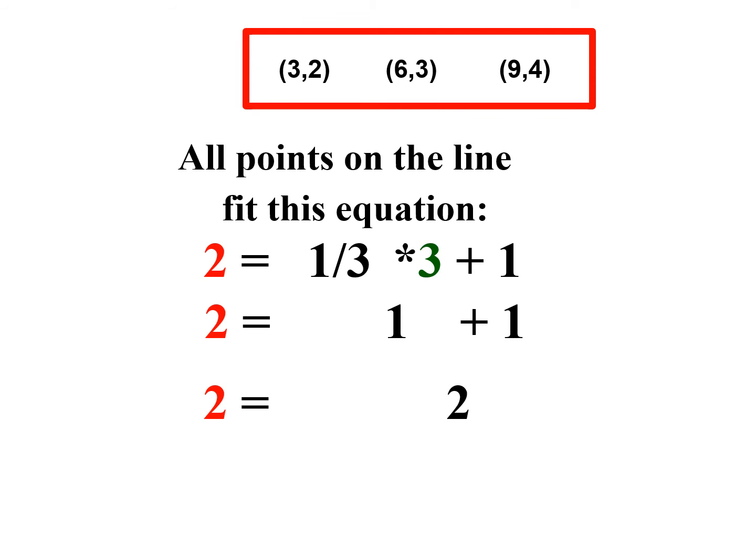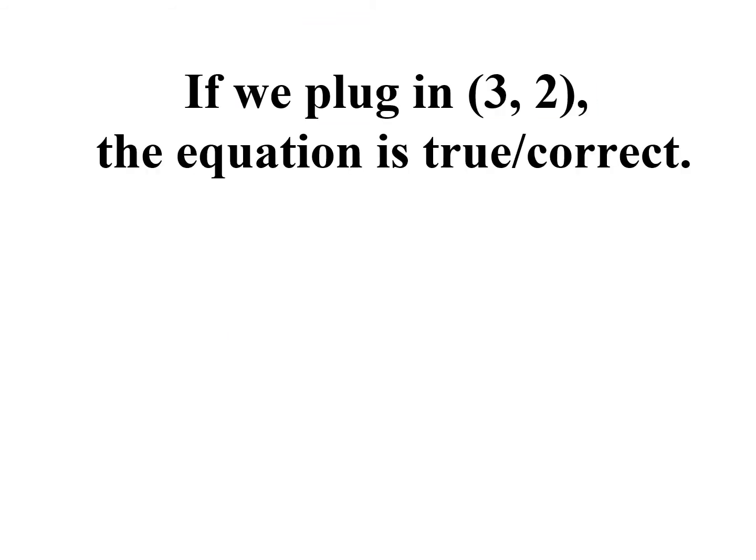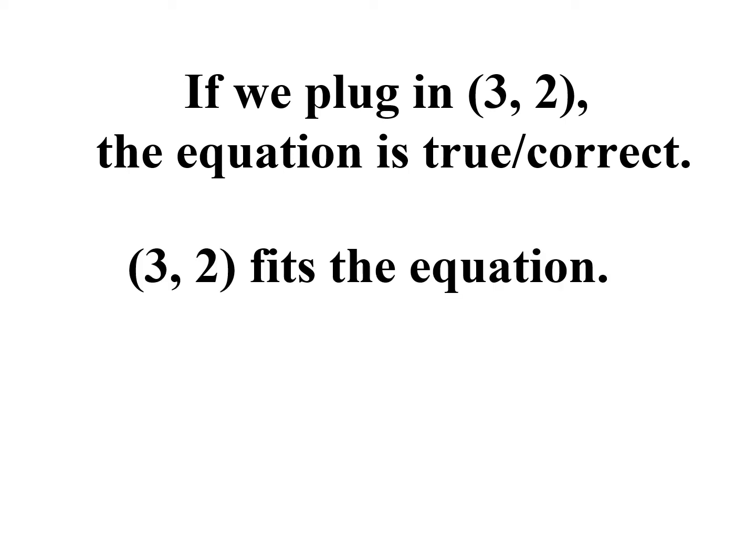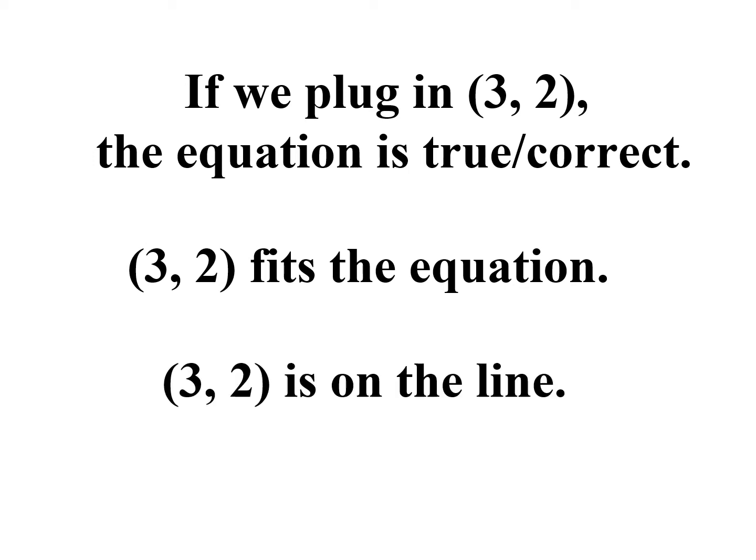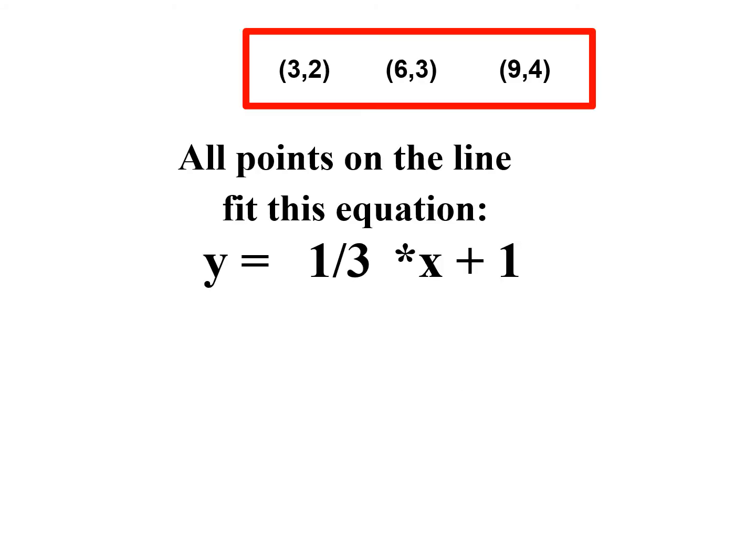So we substitute that in and we get 2 is equal to 2. This is correct and true. So now we know if we plug in (3, 2), the equation is true and correct. That means that the point (3, 2) fits the equation. So (3, 2) must be on the line. Let's try it out for another point.